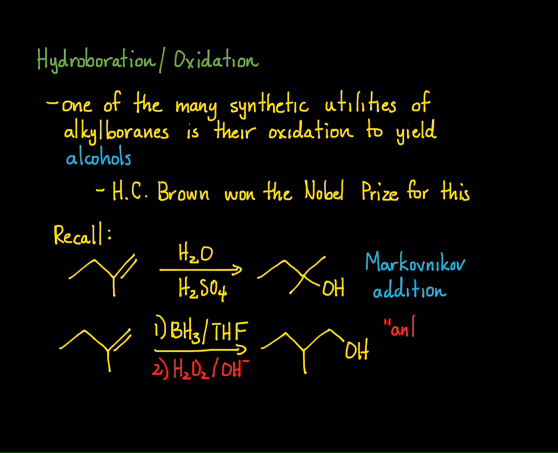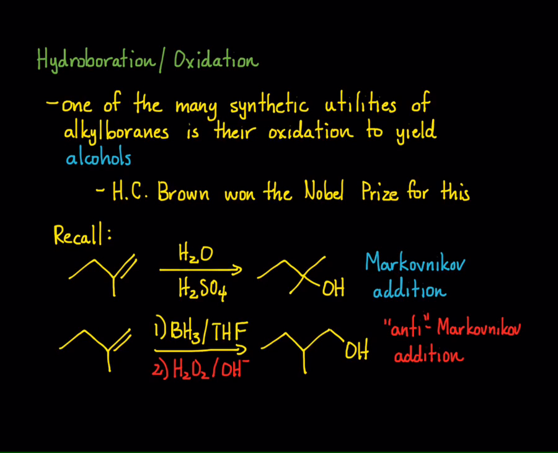And this type of reaction is known as an anti-Markovnikov addition because the typical hydration of an alkene has the OH going to the most substituted carbon, and now this hydration of an alkene forms the OH going on the least substituted carbon.